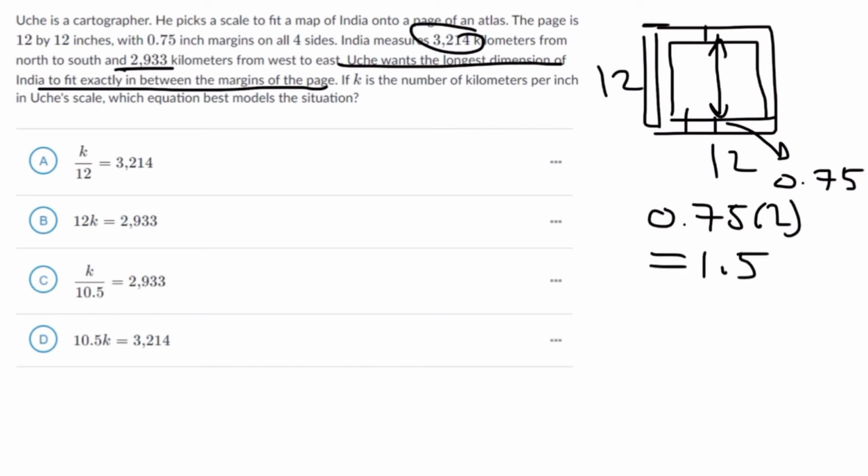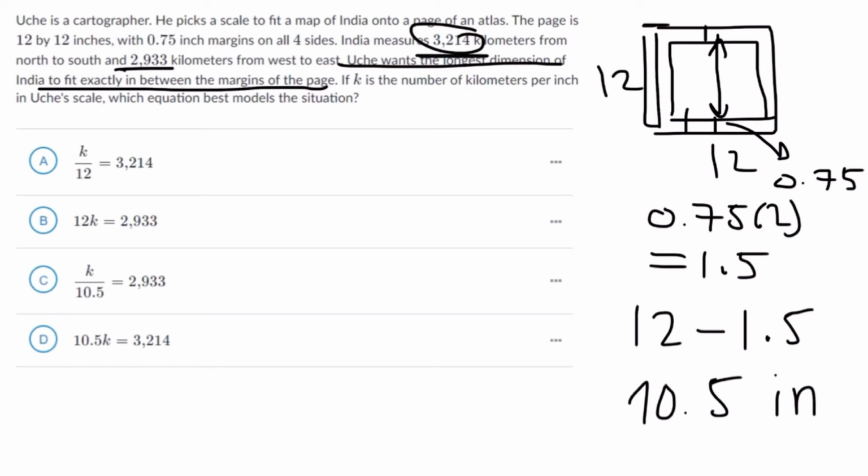And now we have 12 minus the space taken by margins from both sides. So 12 minus 1.5 equal to 10.5 inches. This is the space we have for this dimension. So they said if K is the number of kilometers per inch in Uchi's scale, which of the following best models the situation.